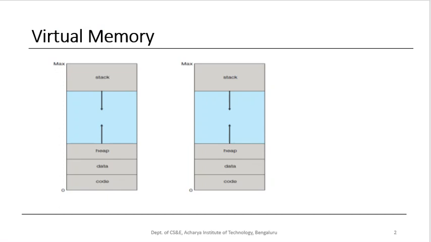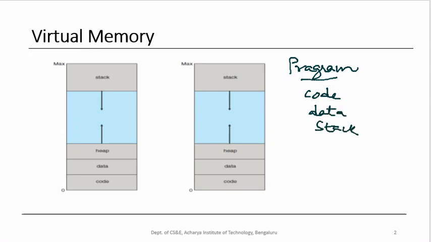Now you know that if you take any program, the program has to have space in the memory. So every program has to have space, like I said in the previous class, for code, data, stack, and heap.